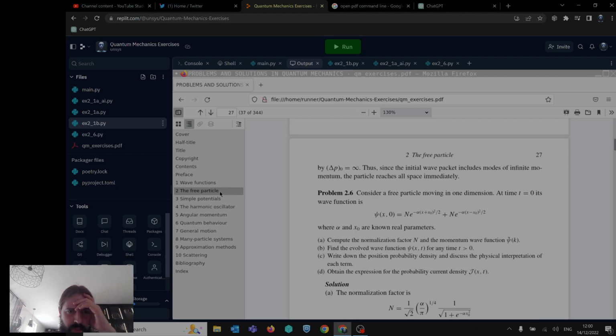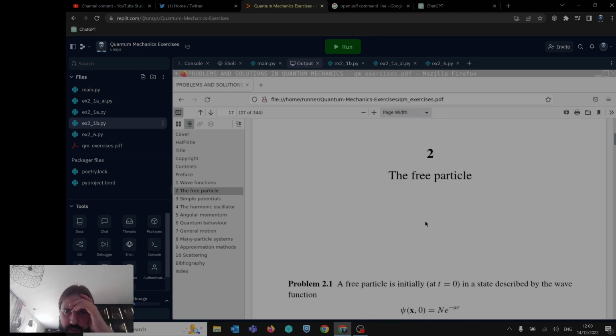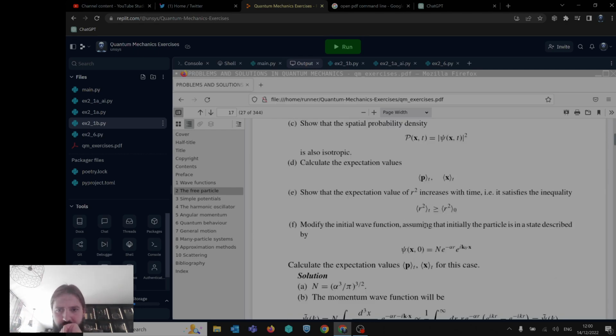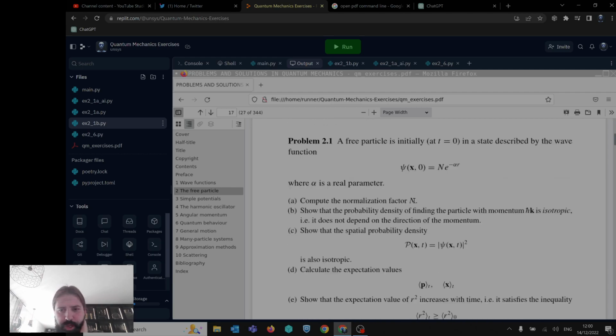But we're still in 2.1. So essentially, show that the spatial probability density is also isotropic. Calculate the expectation values. That's the next thing to work on.